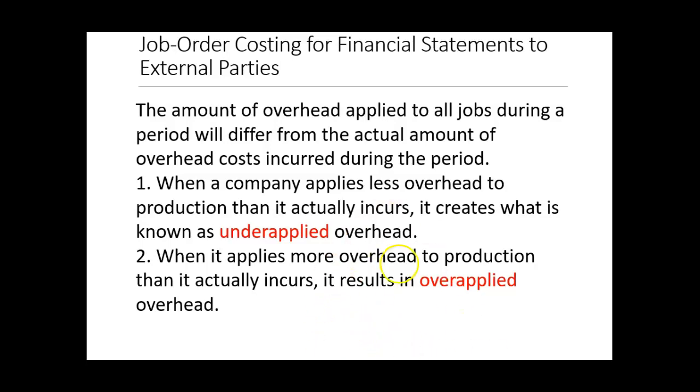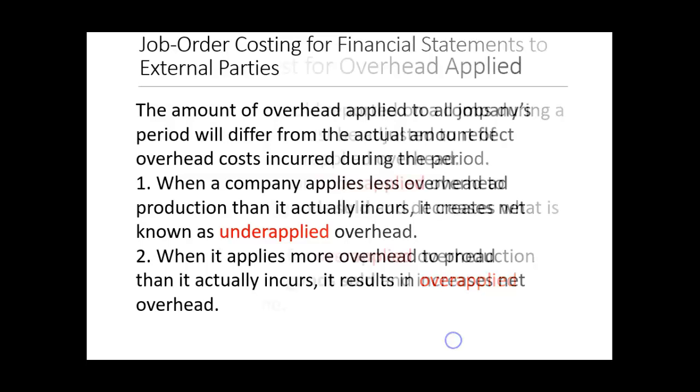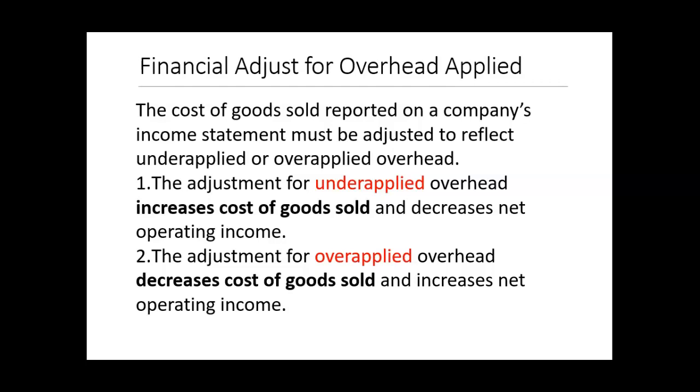But remember that we don't really know the actual overhead cost until the end of the year. All right. So we estimate overhead costs early on based upon the predetermined overhead rates, or if possible, the multiple predetermined overhead rates. So what happens is that we're going to make an adjustment at the end of the year into what's called the cost of goods sold account.